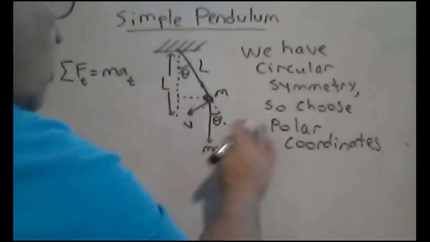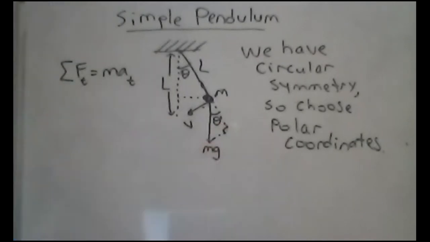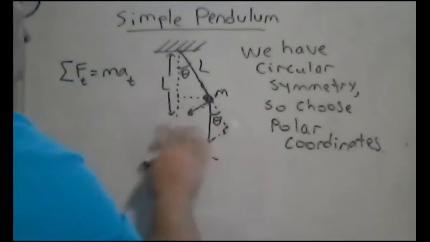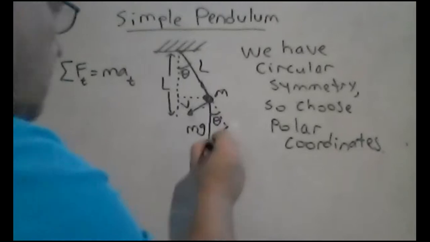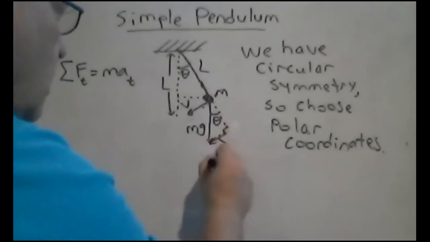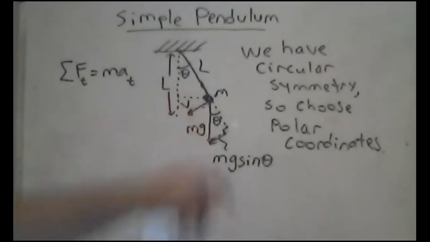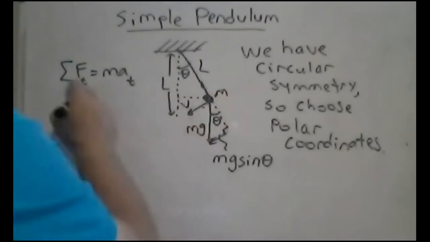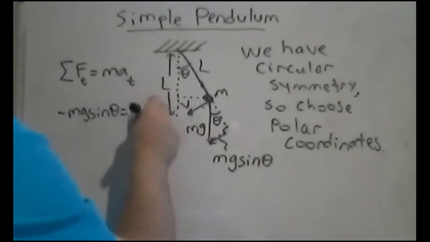In my new coordinates, these form right angles, and the part of the weight that's in the tangential direction is what I'm concerned about. If the whole weight mg is the hypotenuse, the part that I care about is mg sine of theta, the opposite side of theta. And it's going in a negative direction. So negative mg sine theta is m times a tangential.